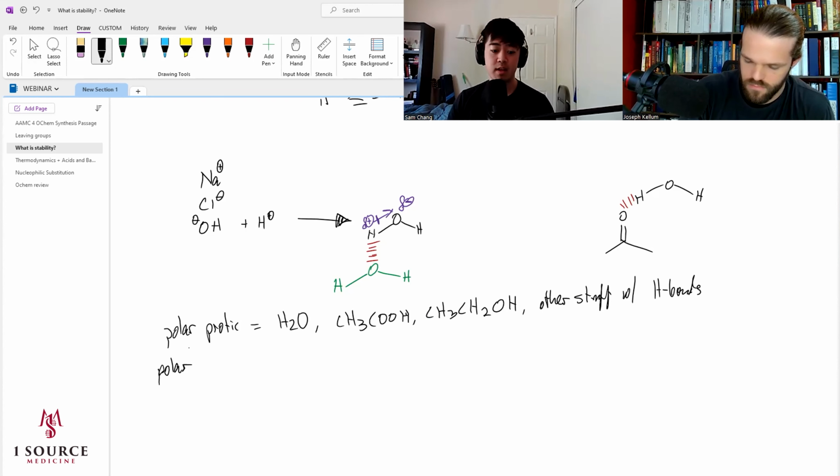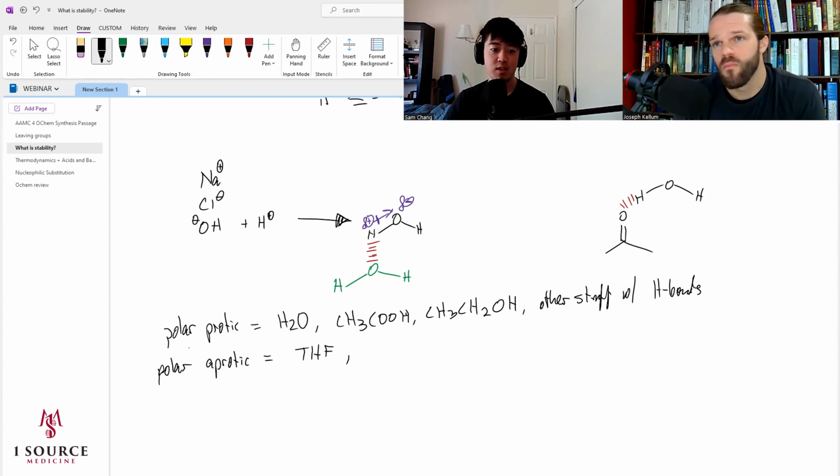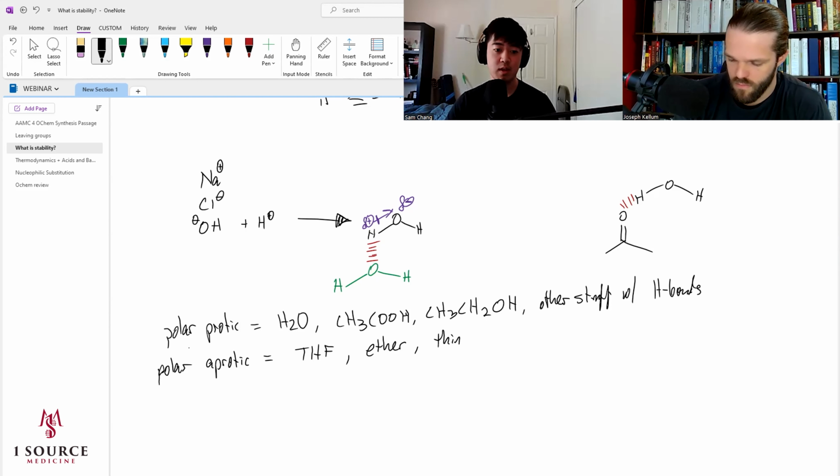Going a little more into the nitty gritty, the reason SN1 favors polar protic solvents is that there are two steps to SN1 reactions. The first is the formation of a carbocation.